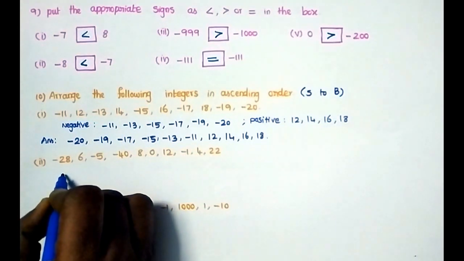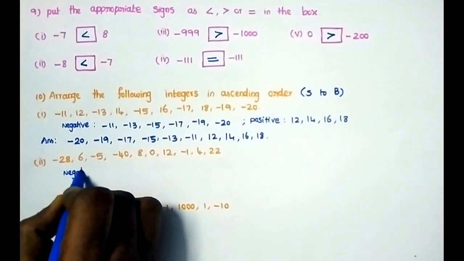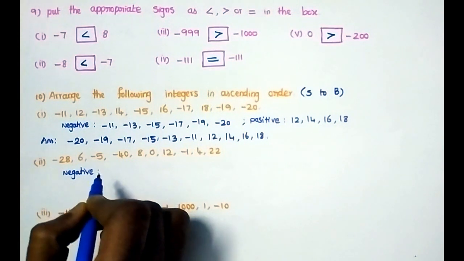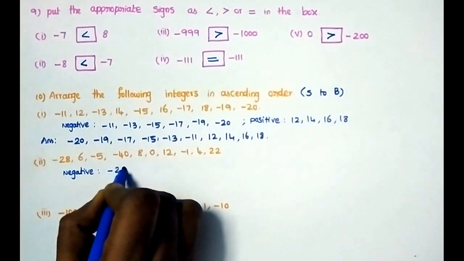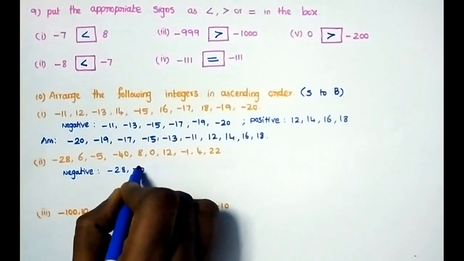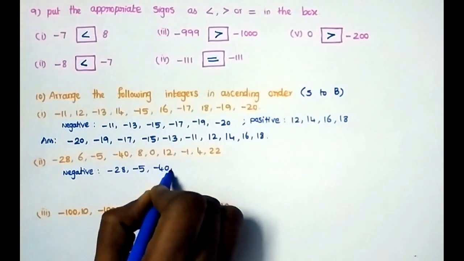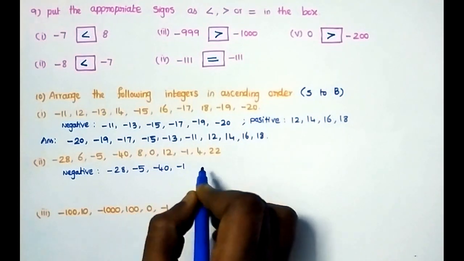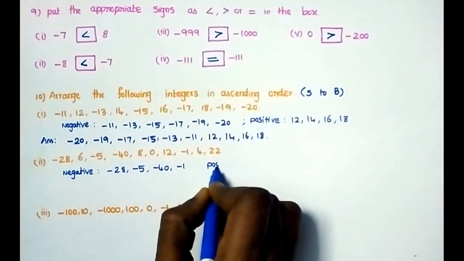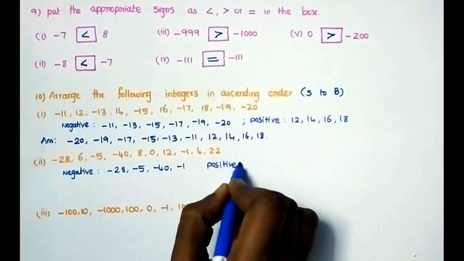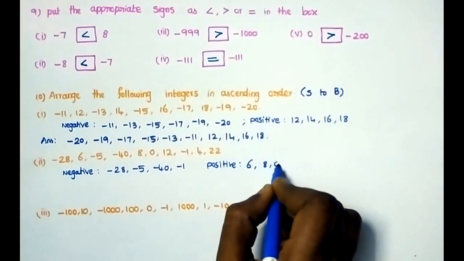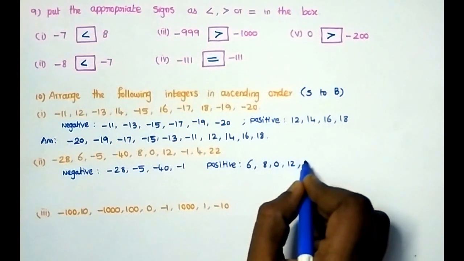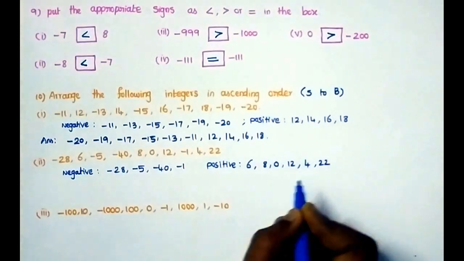Next one, here also separate the negative and positive integers. Here minus 28, minus 5, minus 40, and then minus 1. Positive: 6, 8, 0, 12, 4, 22.